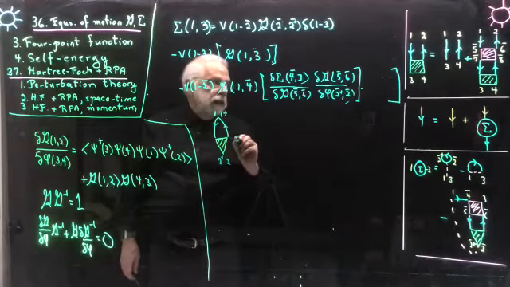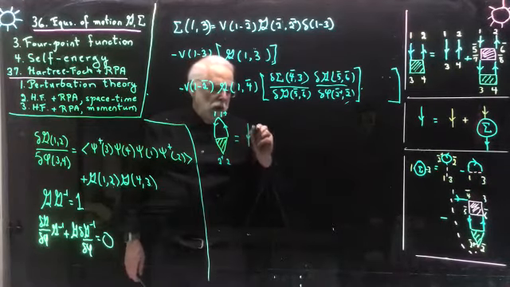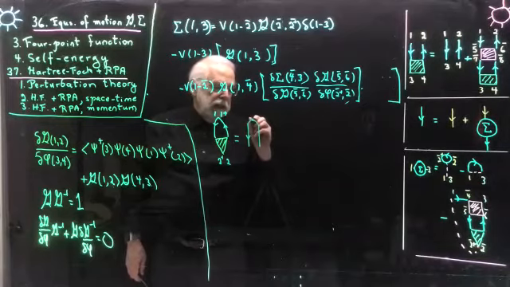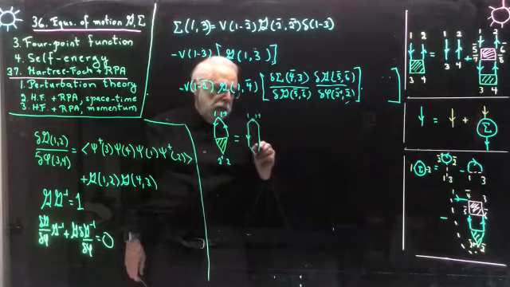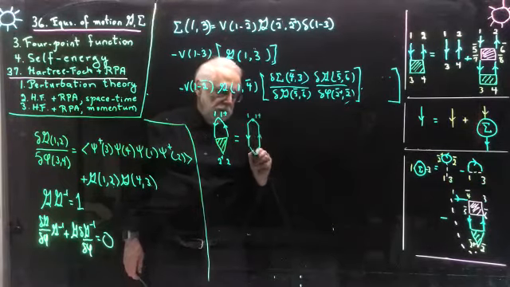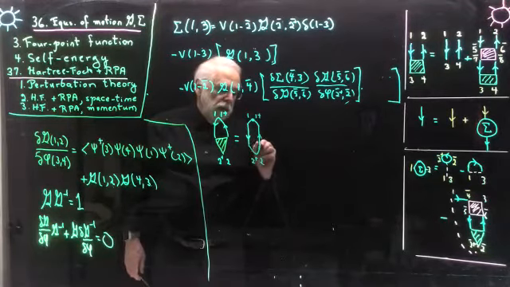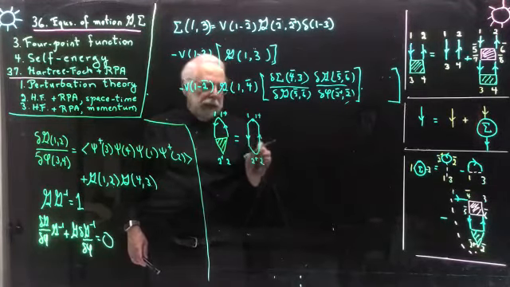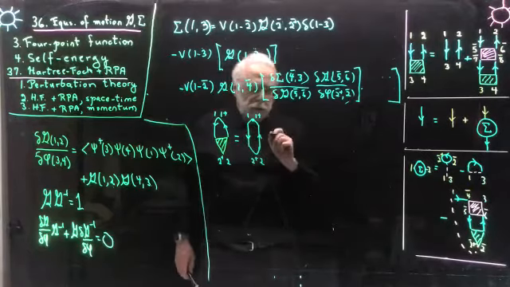Then this is equal to this. So now these two lines are joined together, 1 plus, and they come together like this. And 2 plus 2. So they just start from the same point. So that's the first term.